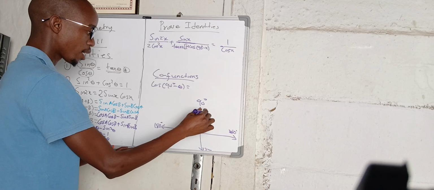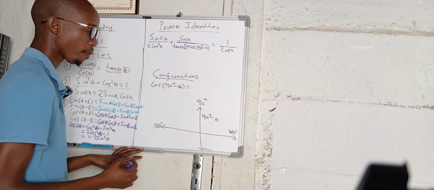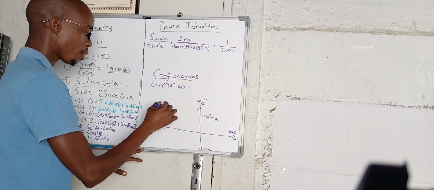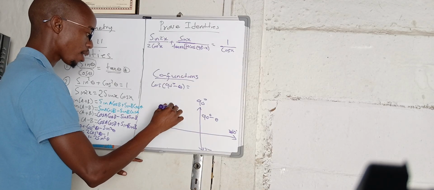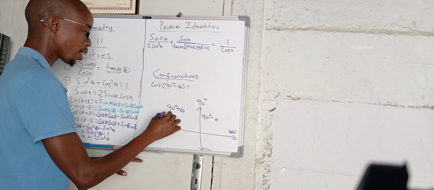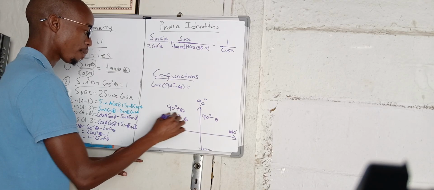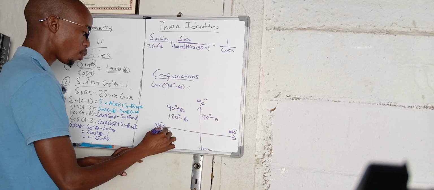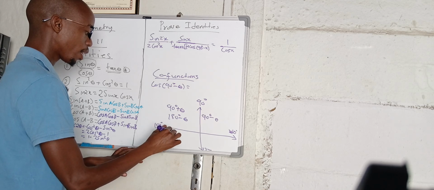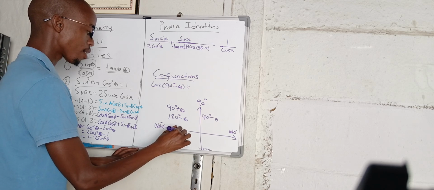There's not enough space. Between here, I'm going to have 90 minus whatever theta I get, so the angle on this side is going to give me an acute angle. On this side, I'm going to have 90 degrees plus theta, so it should be an obtuse angle, or rather I can say 180 degrees minus theta. Also in here, I'm going to have a reflex angle, which is 180 degrees plus theta.